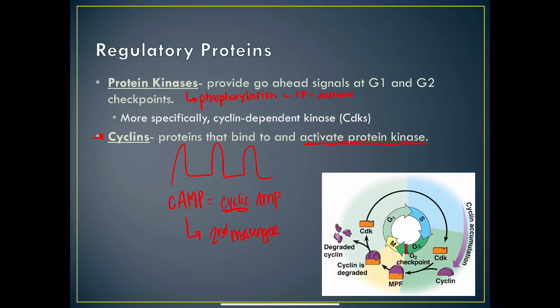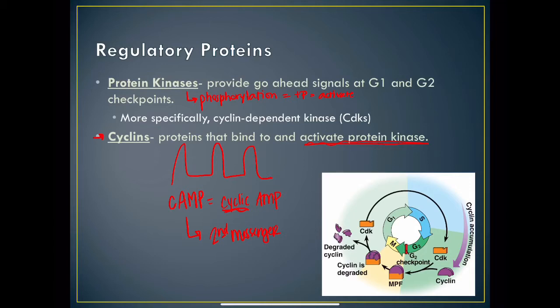And that signaling molecule would activate something like adenylyl cyclase, which activated cAMP, our second messenger here, our cyclic AMP, which would activate protein kinases, which would have some type of response, such as starting the cell cycle, okay? And so this is kind of some application to what we've been talking about all the way along.